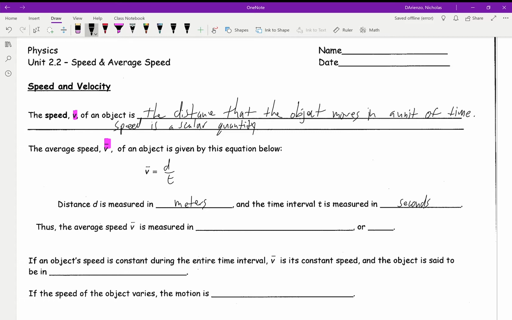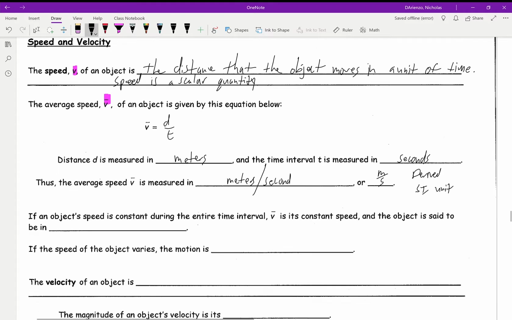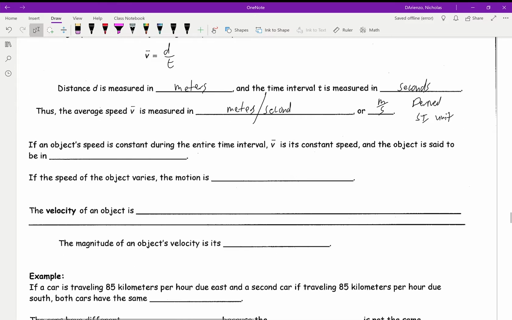So our unit becomes, since we have d over t, meters per second, or we represent that as a fraction, m over s. And this is a derived SI unit. Meter being the standard and seconds being the standard for distance and time respectively.